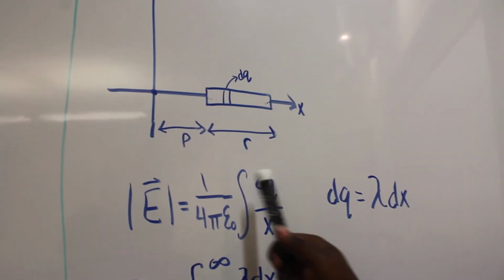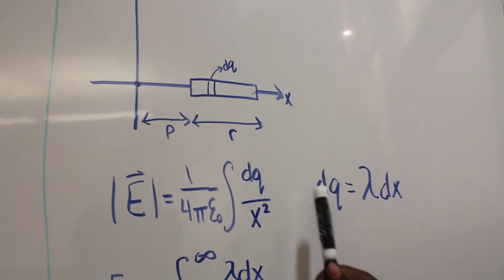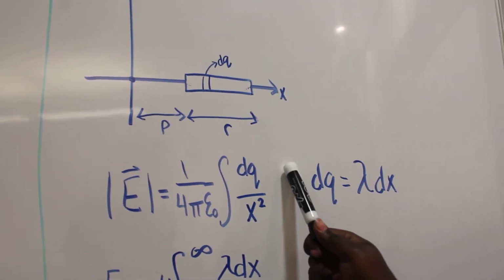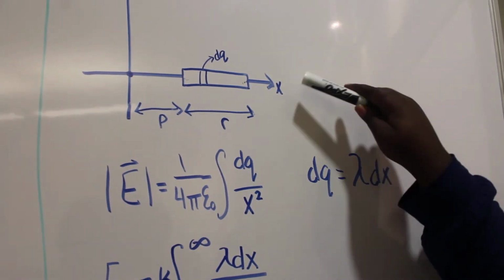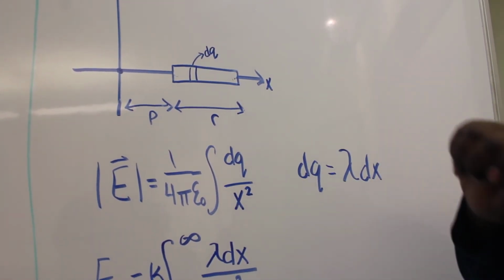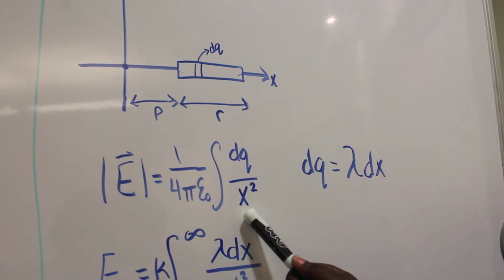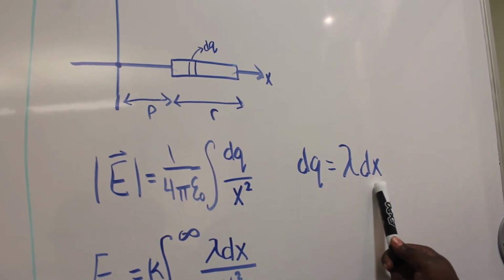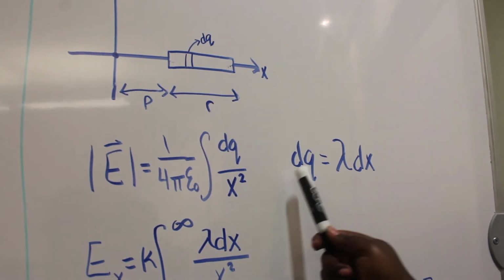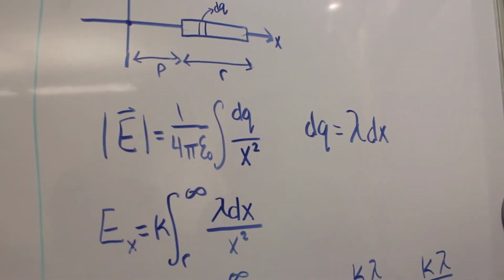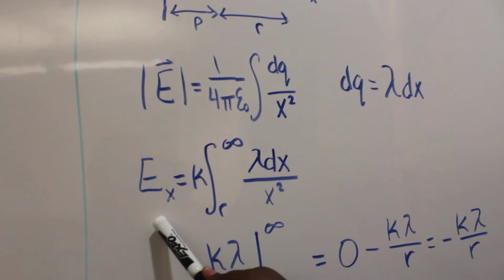So we have our electric field equation again, 1 over 4 pi epsilon, integrated with the integral of dq over x squared, because x is our integrating variable here. Obviously, if we're integrating over x, we want our integration to be in terms of dx, so dq equals lambda dx. We're going to go ahead and plug that in here for our x component.